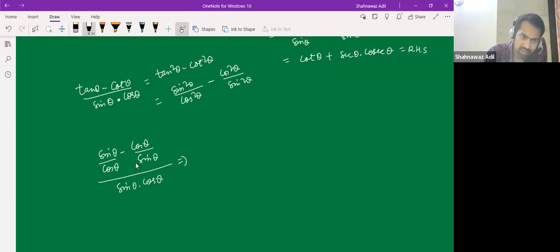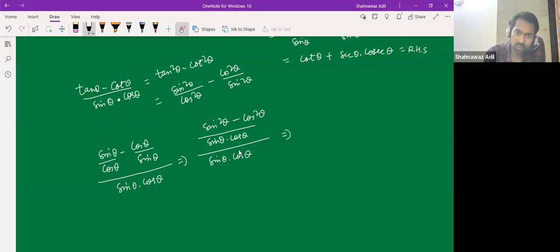So first we can take the LCM here. This is sine theta into cos theta, and this is sine theta into cos theta. Cos theta cancels, so this is sine square theta, and minus cos square theta.